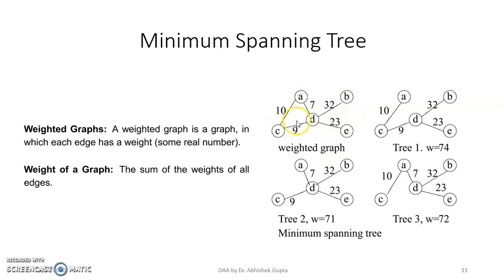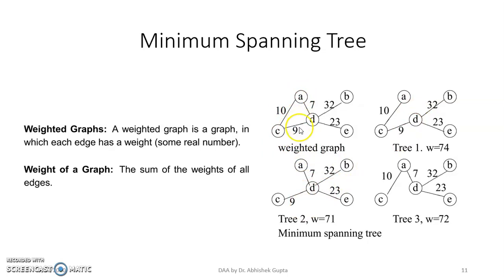And if we convert this weighted graph into trees, possibly we will be removing one or two or more edges from that graph, so that it will be converted into a tree. So here you see this weighted graph converted into a tree, right? This particular edge has been removed, so this tree is there. Similarly, if I remove this edge, then this tree is there.